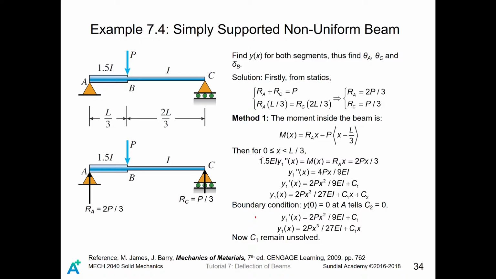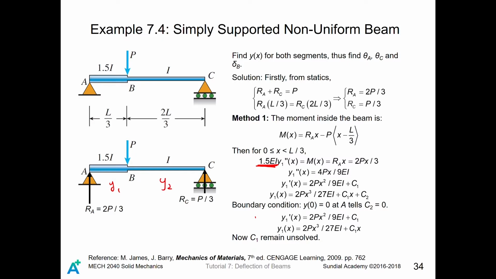For 0 to L over 3, which is for AB, we have 1.5 EI. It is different from our previous example because now we have a non-uniform beam. For this segment and this segment, we call the deflection curves y1 and y2 respectively.